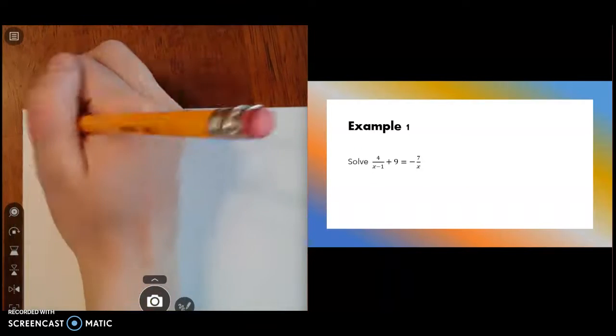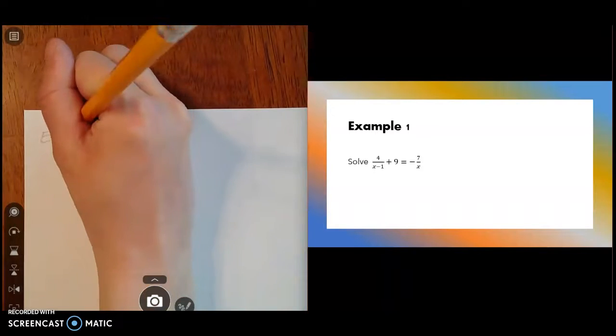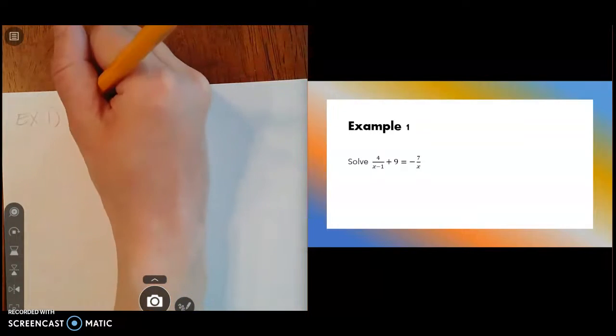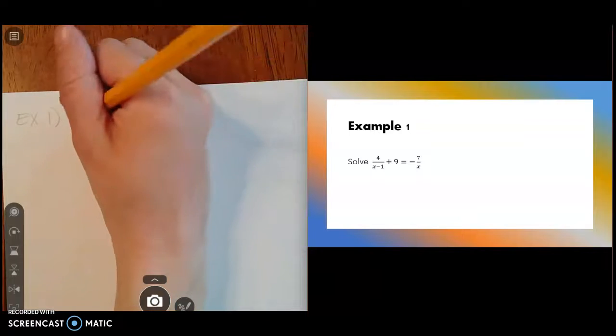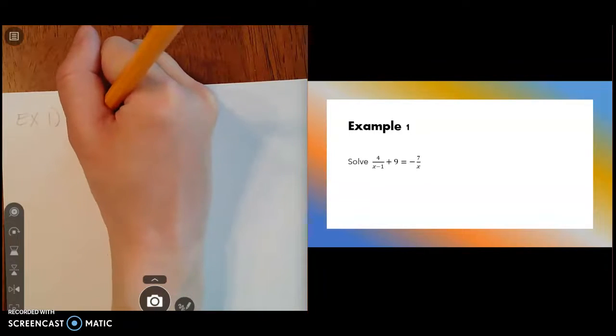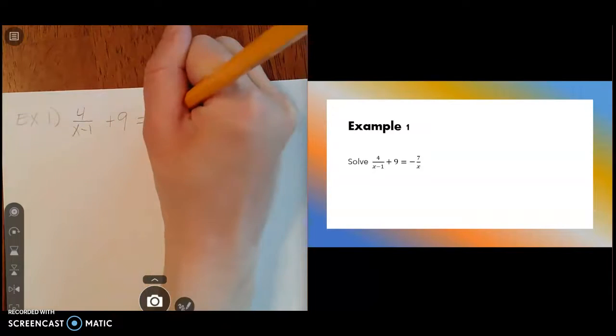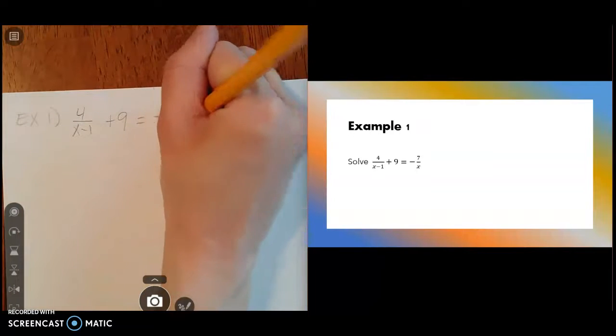So the first example I have for you, you'll notice that's not a quadratic. I know. But we're going to get a quadratic as we go through the process of solving it. So we've got 4 over x minus 1 plus 9 equals negative 7 over x. Okay.